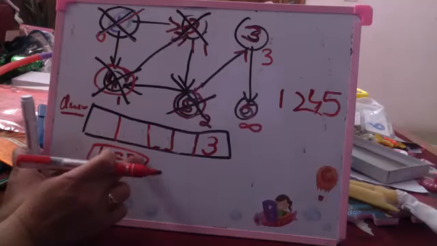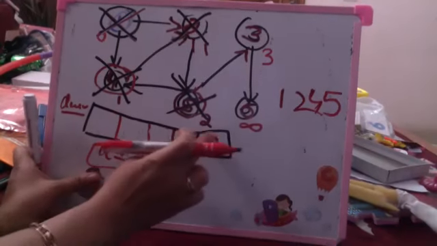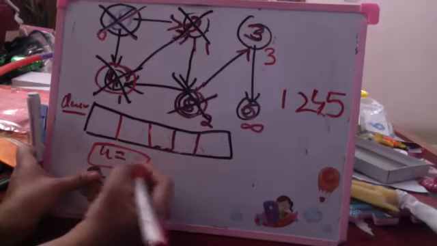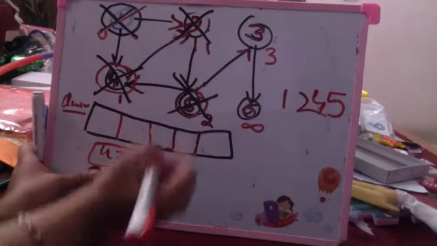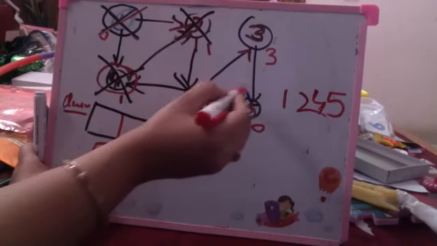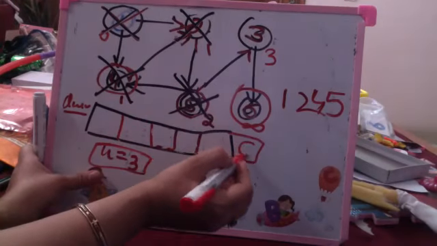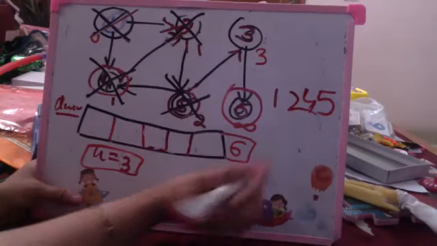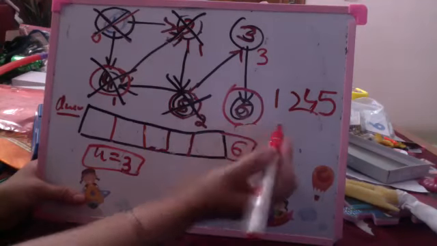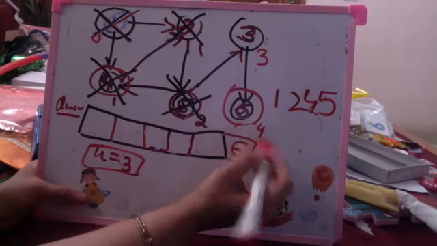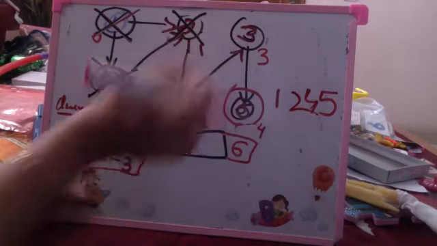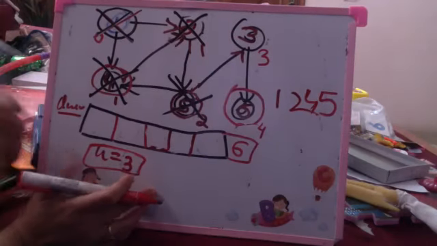Finally, I will remove 3 from the queue. 3 becomes U. I have a node 6, which is white, not been inserted yet. So I will insert this in the queue. Recalculate the distance of this node as 3 plus 1 is 4. Parent of 6 becomes 3. No other node adjacent to 3.